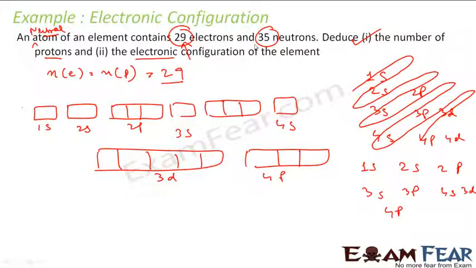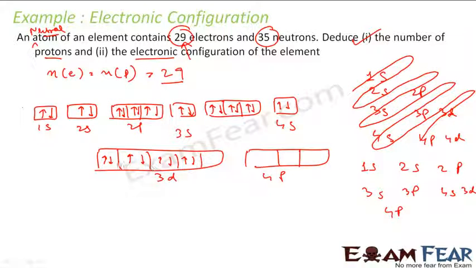So let me fill the electrons. There are 29 electrons. 1, 2, 3, 4, 5, 6, 7. Pairing starts. 8, 9, 10, up to 20.